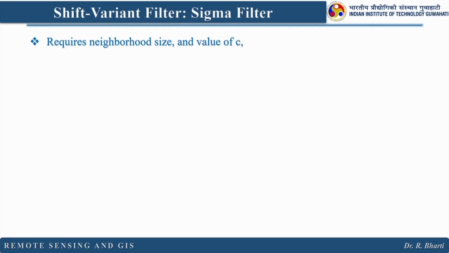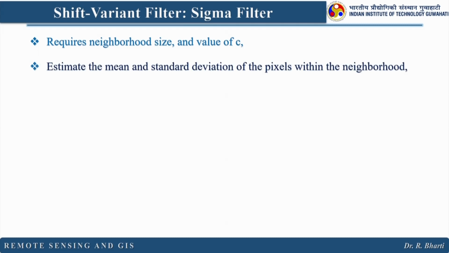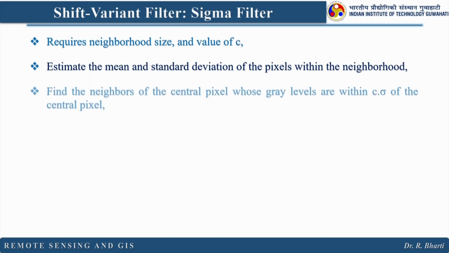Further, it requires a neighborhood size and a value of C. The neighborhood size is either 3 by 3, 5 by 5 or 7 by 7, and C is 1 sigma, 2 sigma or 3 sigma, and it estimates the mean and standard deviation of the pixels within the neighborhood.